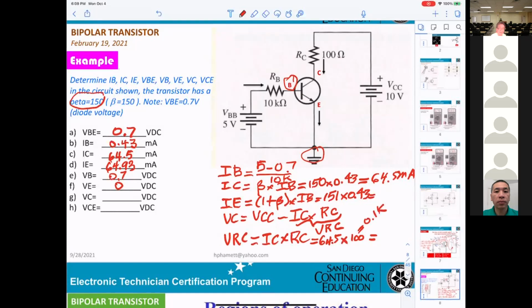They must be converted to kilo ohm so they cancel the milli. Okay, 64.5 times 0.1, 6.45 volt.